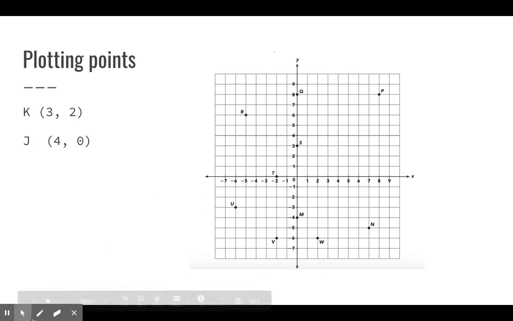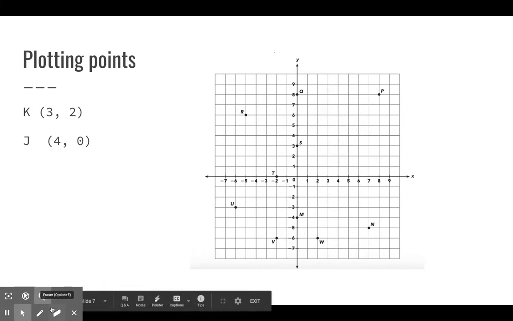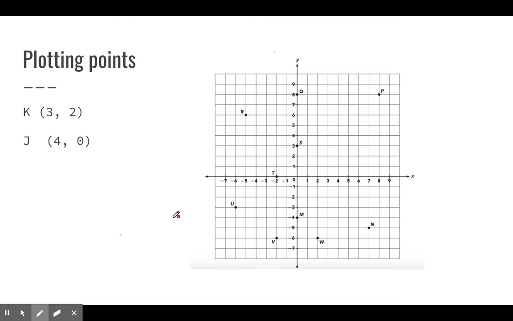So plotting points is a little bit more difficult. I'm going to try to go ahead and plot them for you in model. So for point K, I know that that's telling me my x is 3 and my y is 2. So I move over 3 and up 2, and I put my point, and I make sure to label it K. Let's do another one.